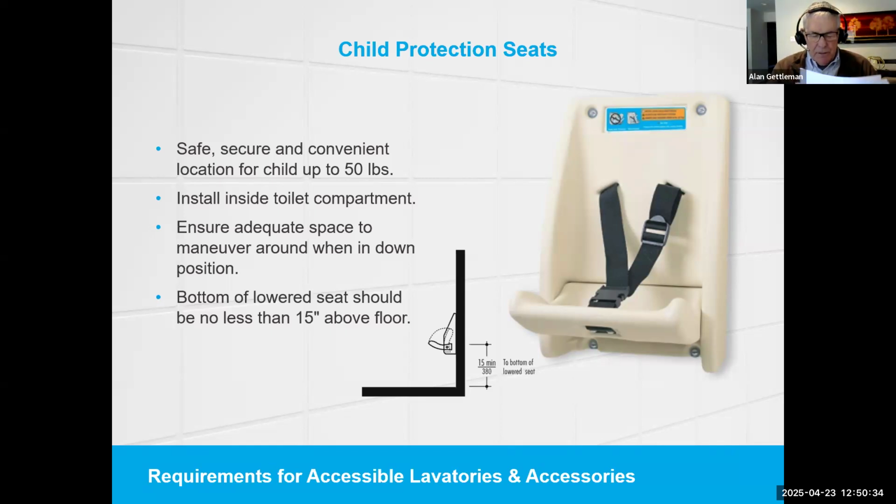But I would say that if you're lowering the children's countertop or lavatory below 34 inches, I would suggest that the mirror be mounted maybe 6 inches above whatever the lower counter height is for children.